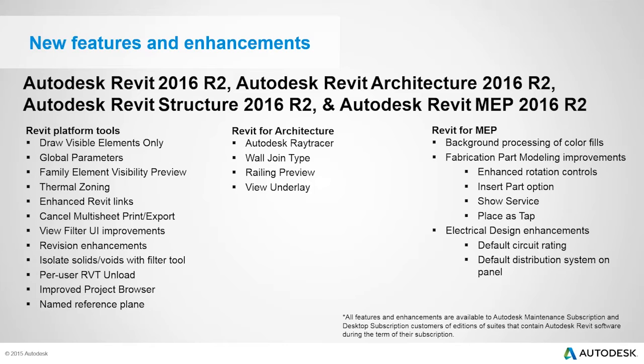Here we've got a list of those 25 updates that are available, and as you can see, it's the basic platform tools, some tools that are specifically for the guys doing architecture, and other tools for our MEP colleagues as well. Just give you a moment to take that all in.